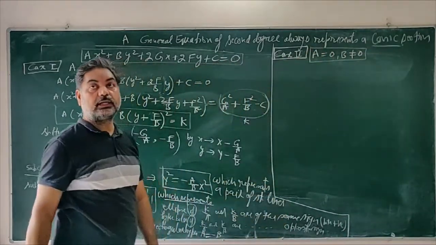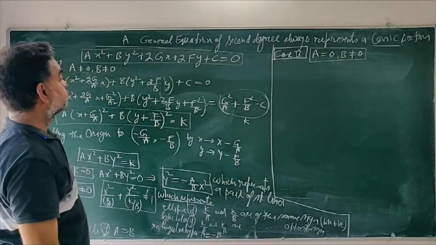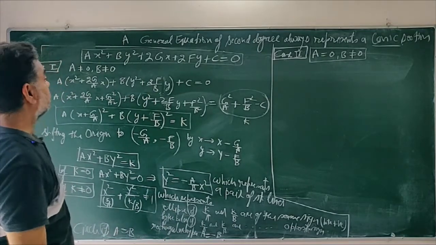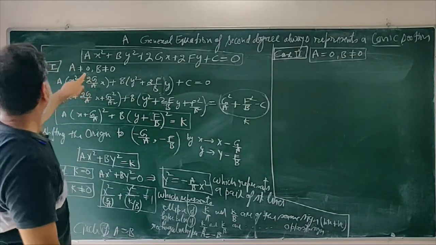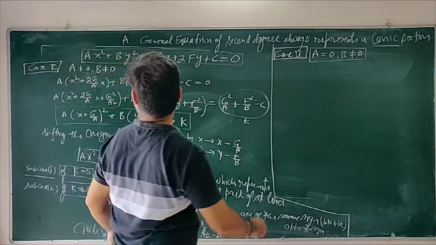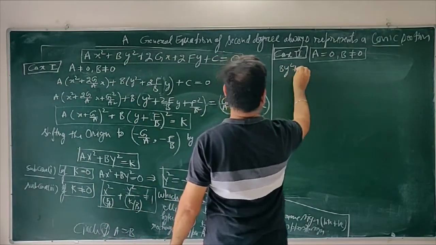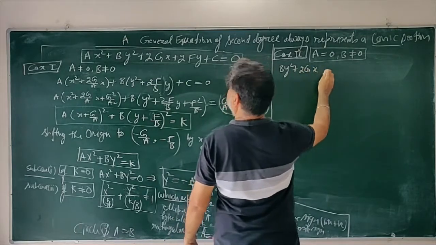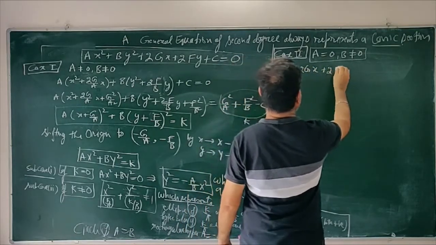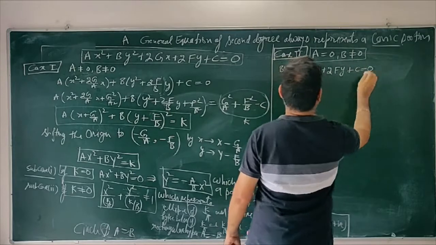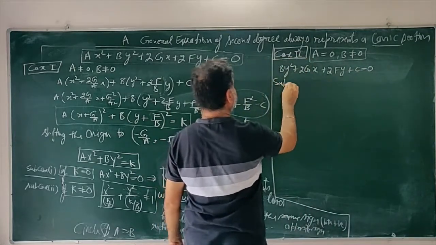When a is 0 and b is not equal to 0, in that case, this equation becomes this type of equation: by square plus 2gx plus 2fy plus c equal to 0. Here we will discuss the subcases.